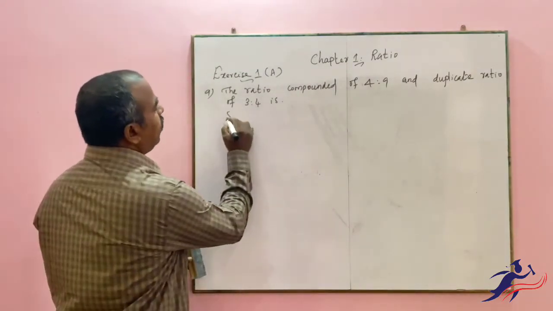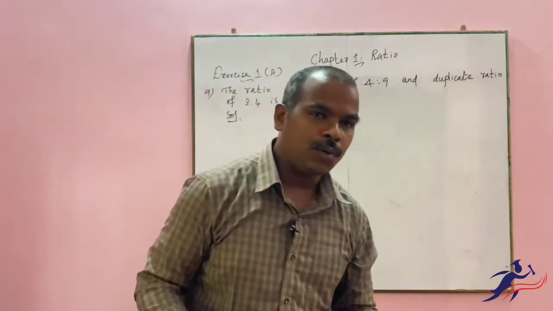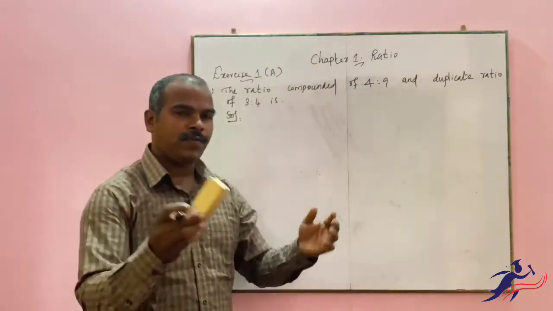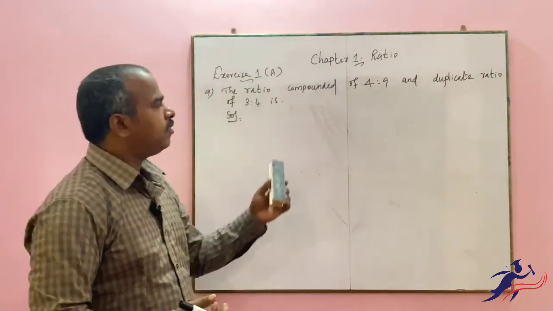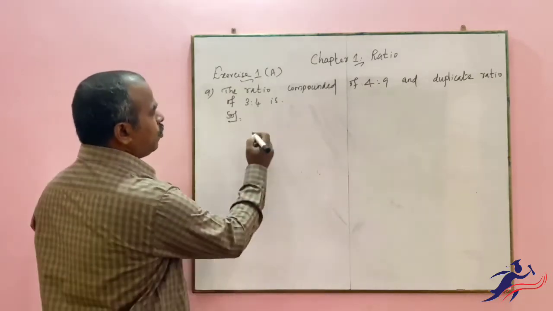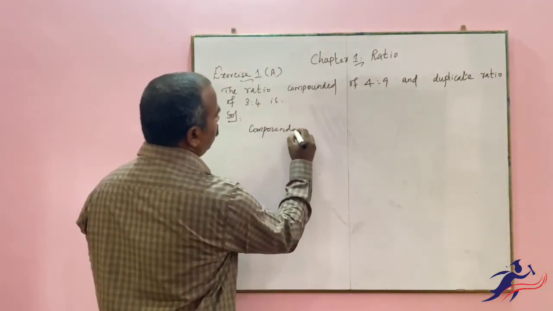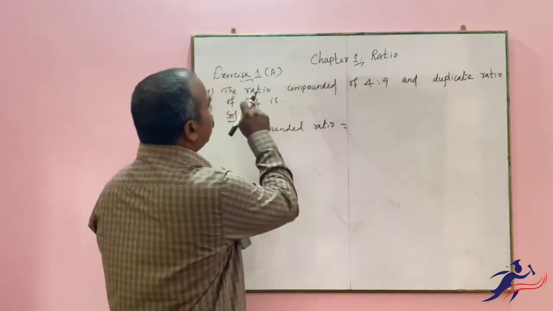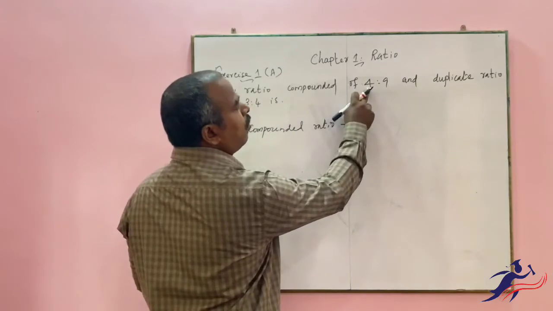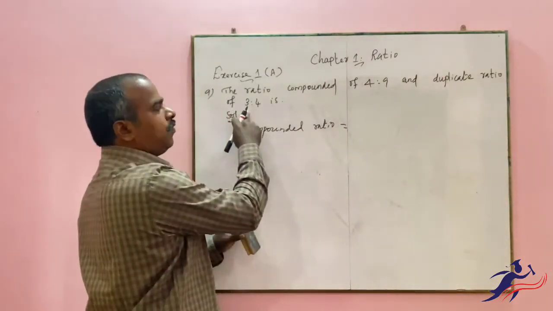So, I already explained to you the compounded ratio is the product of two or more ratios. So, we can find out the compounded ratio of these ratios. So, compounded ratio is equal to, we are asked to find out the compound ratio of 4 is to 9 and duplicate ratio of 3 is to 4.